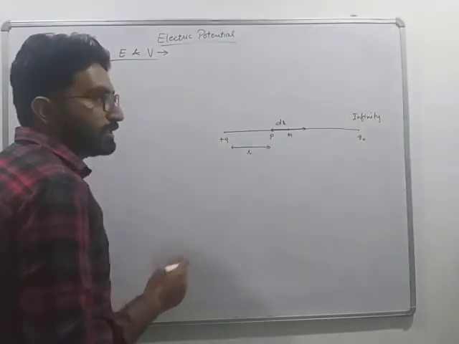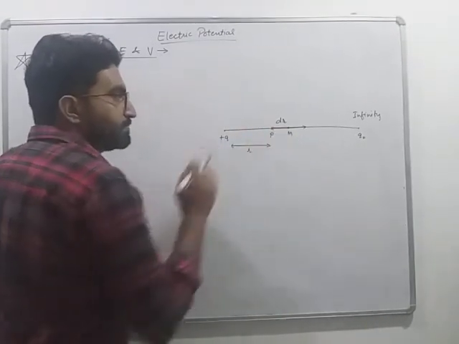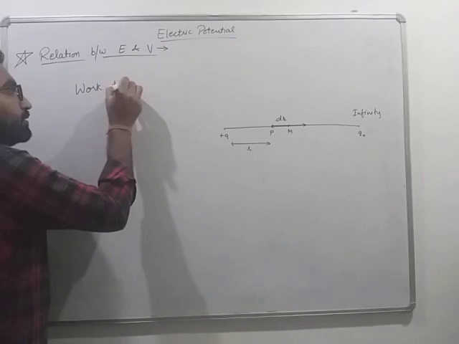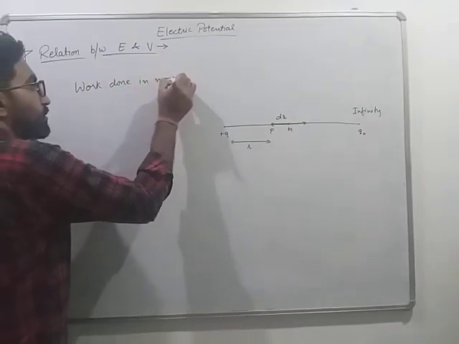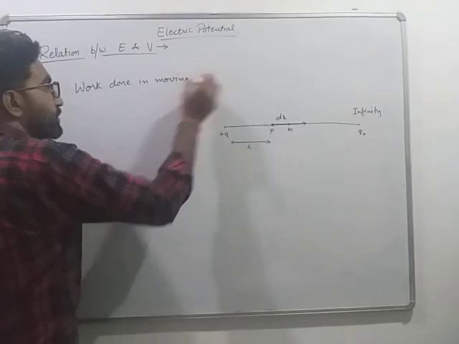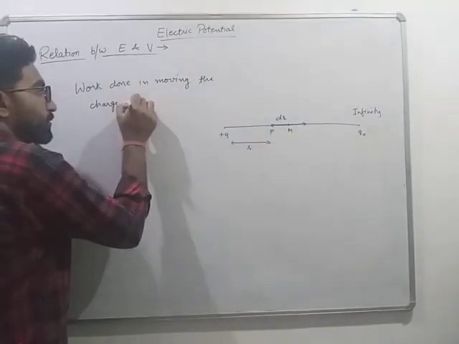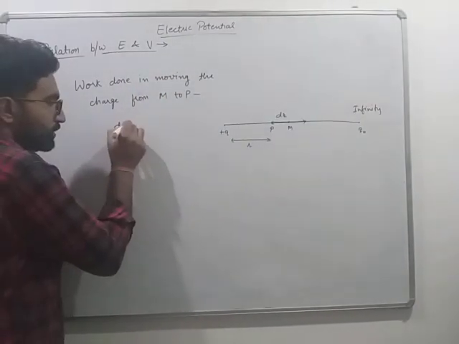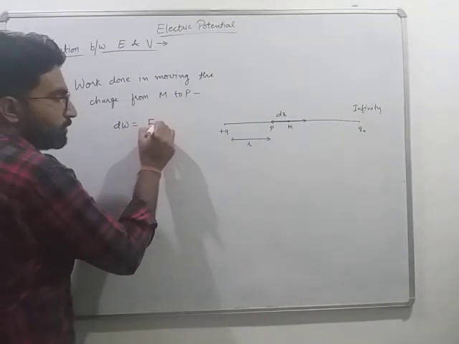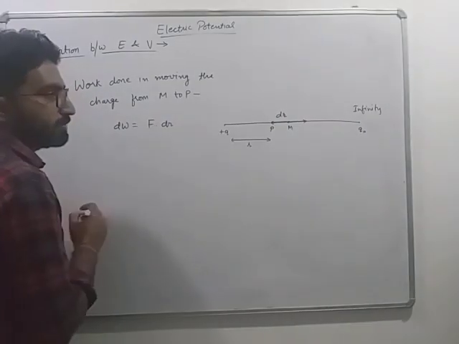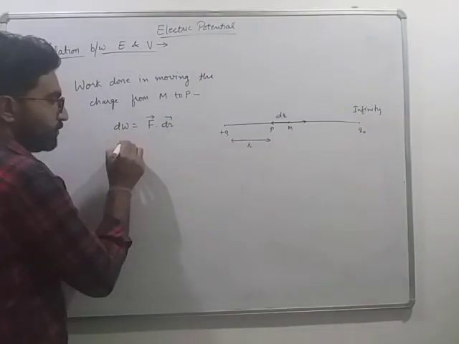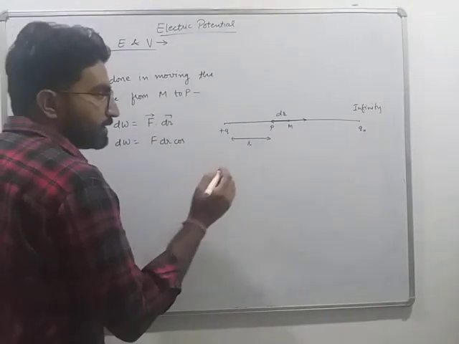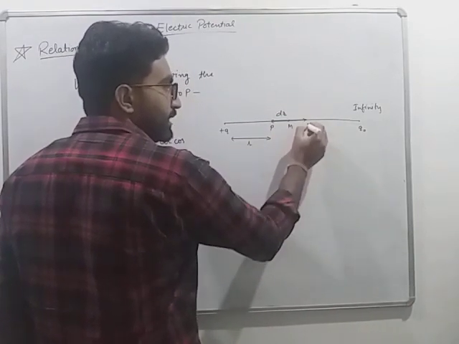So positive repulsion is there, and we are moving the charge from M to P. So the work done in moving the charge from M to P is dW, a small amount of work done, equal to the dot product of force with displacement, F dot dr. When we remove the dot product, we have F dr cos theta, where theta is the angle between displacement and force.